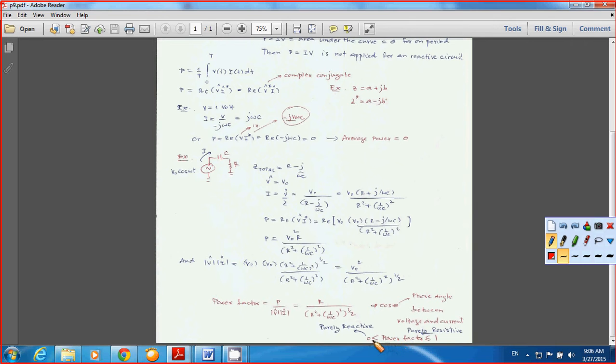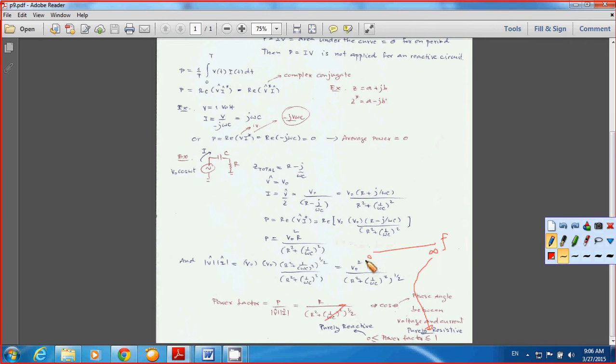We're talking about the power factor being in the range from 0 to 1. Just take a look at the frequency. For a very high frequency, going to infinity, this term drops, because you divide 1 by infinity. So you end up with R divided by R, and for infinity, the power factor is going to be 1.